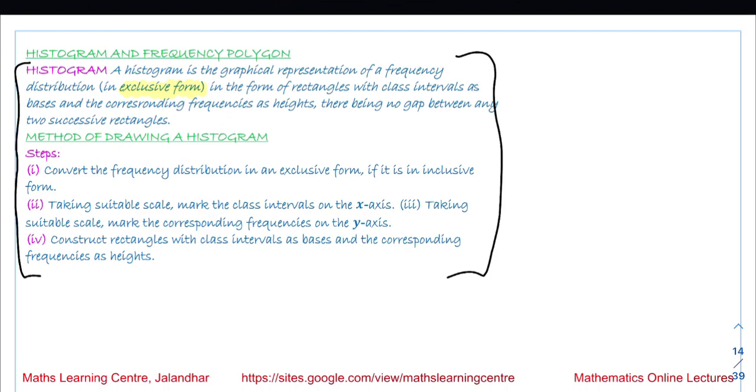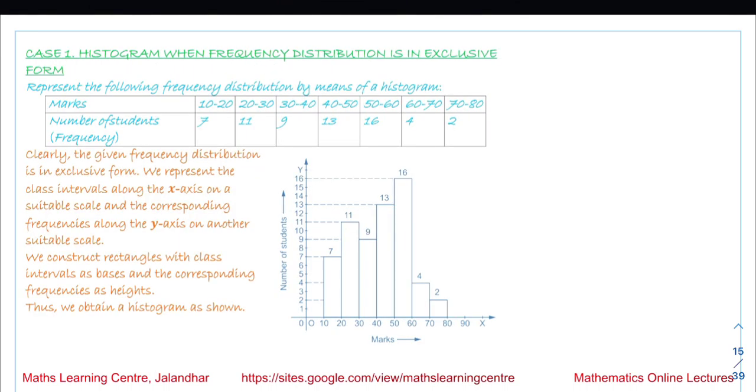First is the histogram when the frequency distribution is in exclusive form. Represent the following frequency distribution by means of a histogram, and the values given are 10 to 20, 20 to 30, 30 to 40, 40 to 50, 50 to 60, 60 to 70, and 70 to 80.